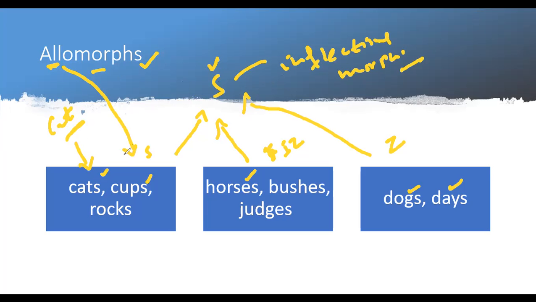So "s" is an inflectional morph, but this "s" has got three different pronunciations: "cats", "s"; "horses", "iz"; "dogs", "z". So this means this "s" is an allomorph.